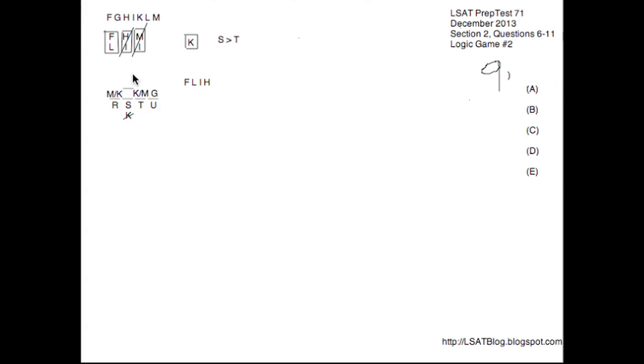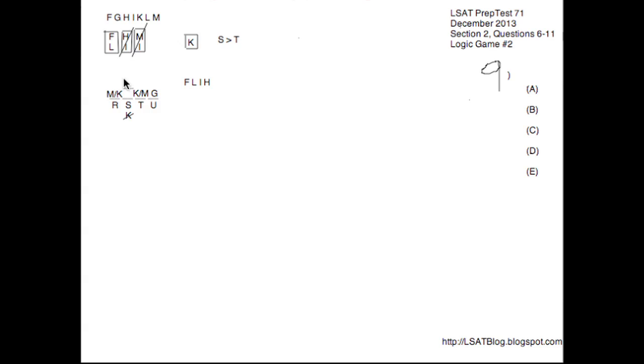We know that S has to have more than T, which is why I've already placed at least 2 spaces on S. So we can't put F and L on U, because if we did, then we'd have to have 4 things on U, and then we wouldn't be able to have 2 things on S, because remember there are only 7 variables.